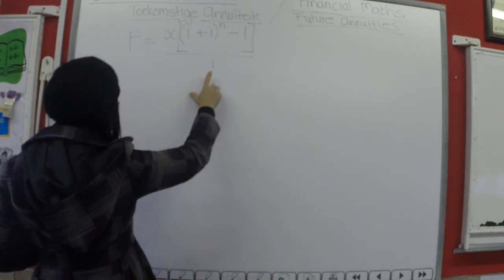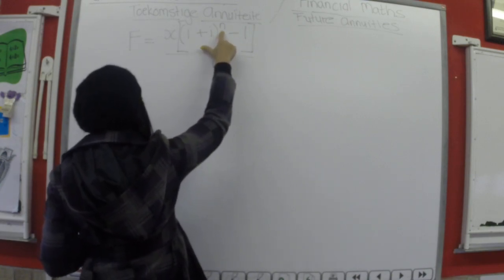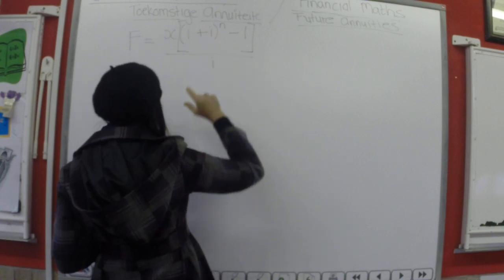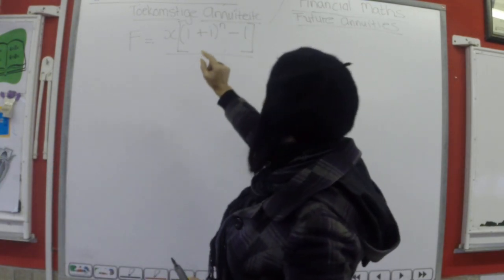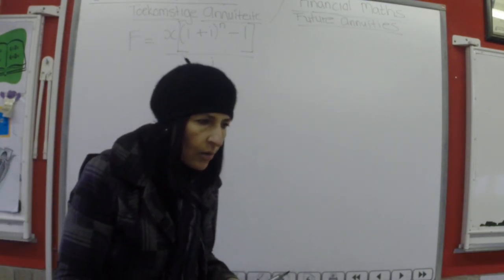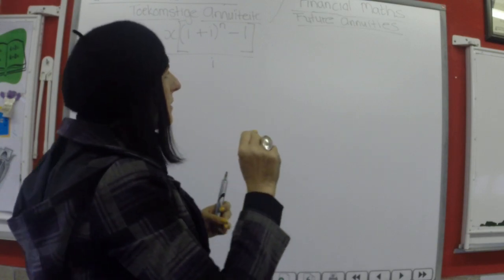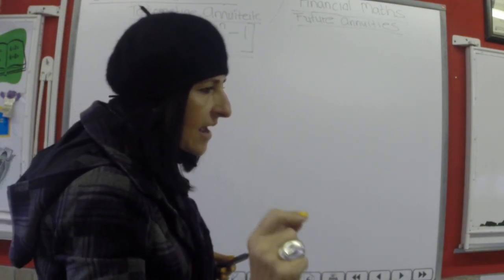And then I have the same interest rate, and then I've got the time, but now the time is not in years. This is actually not time anymore, but that is now the number of payments that's been done.